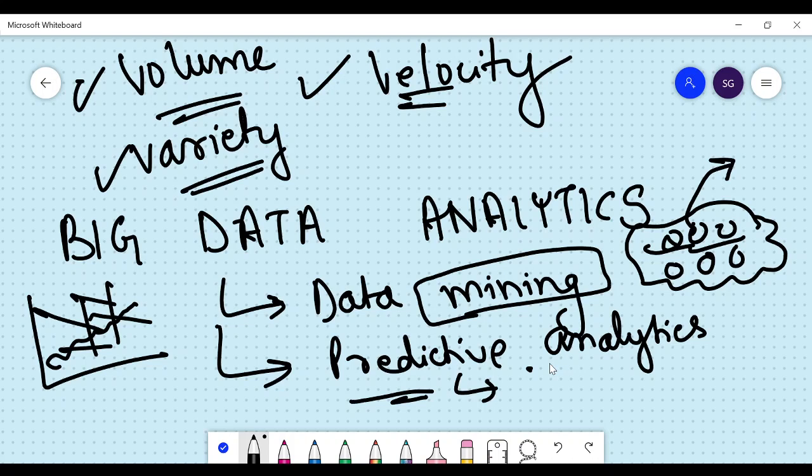Data analytics is the process of collecting and examining data in order to extract meaningful business insights for informed decision making and for improving performance.